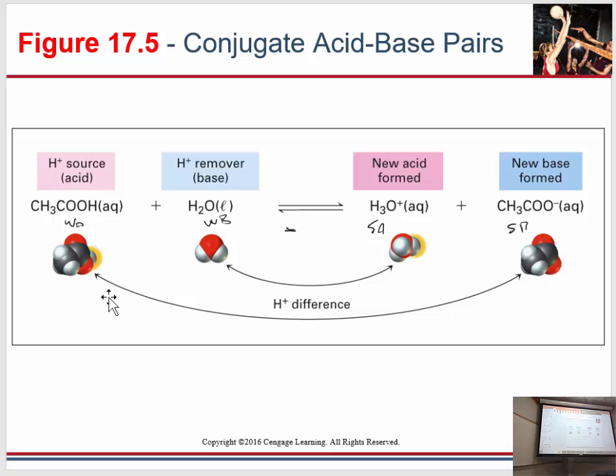So this is not favored in the forward direction. And so what we say is acetic acid is a weak acid. Weak acids only partially hydrolyze water. And so this is something where some of the population will be able to make it up the hill to form hydronium and acetate, CH3COO minus, whereas acetic acid and water are much more stable.